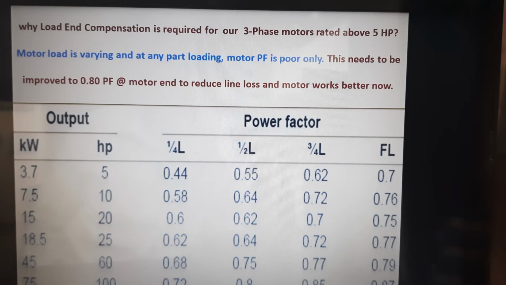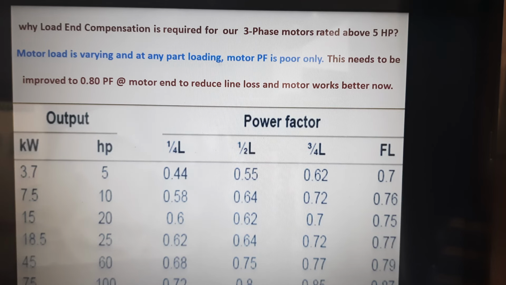Coming to the motors, especially the electrical input to the motors, you can see load and capacitor compensation is mandatorily required for all the 3-phase motors above 5 HP. From 5 HP to 100 HP, around 50 to 75% is the average motor loading in general. The power factor is almost around 0.5 to 0.7 or 0.7 to 0.8 only.